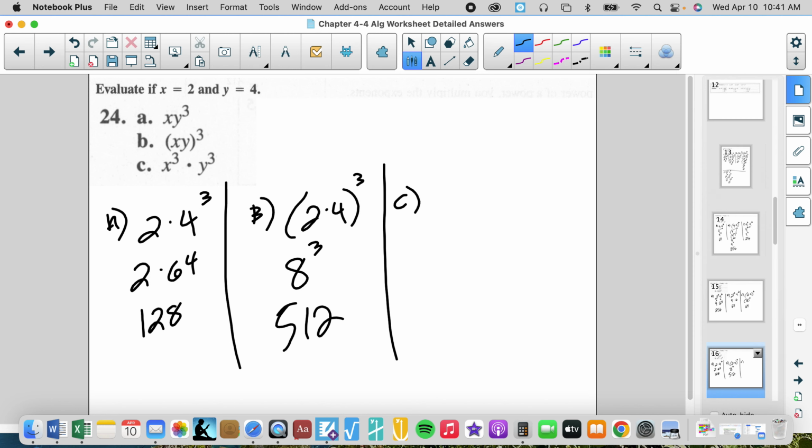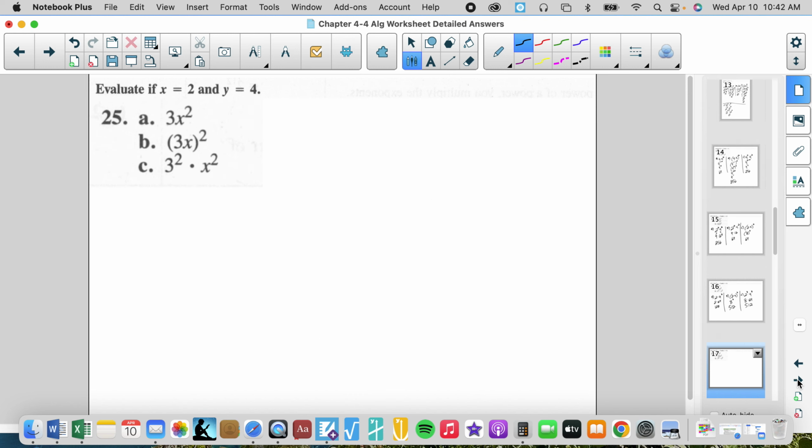And c is going to be 2 to the third times 4 to the third, which is 8 times 64, which again is 512. A is 3 times 2 to the second. We're going to do exponents first, which is 2 to the second, and then 12.